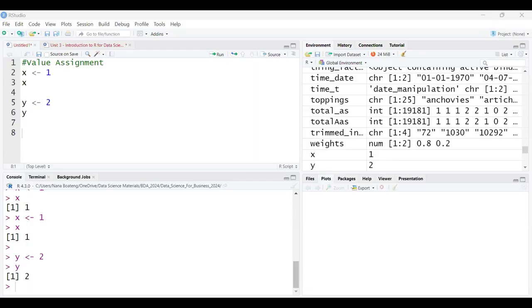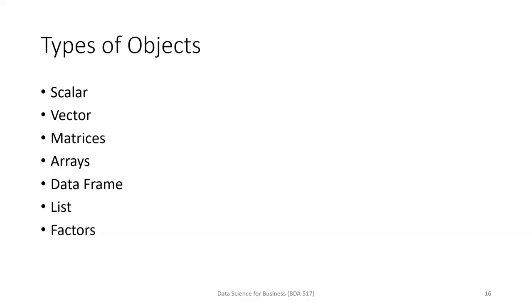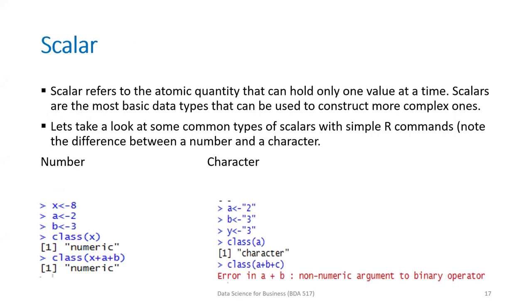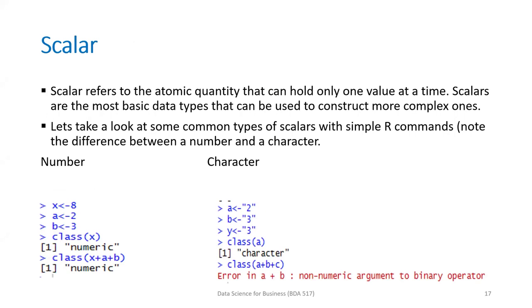All right, so let's move on. Let's look at what a scalar is. We will look at various objects: scalar, vector, matrix, array, data frame, list, and factors. What we just did, assigning x to the value 1, here 1 is a scalar, or x is a scalar.